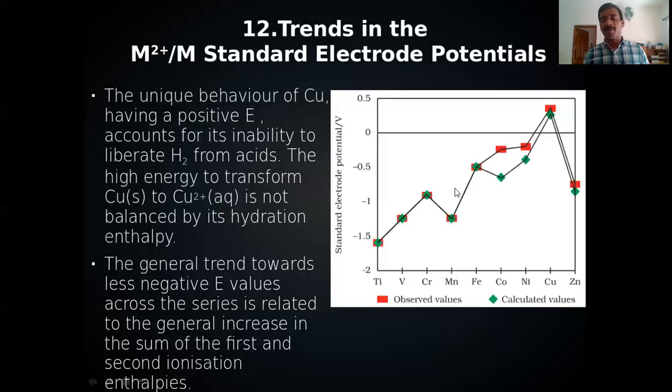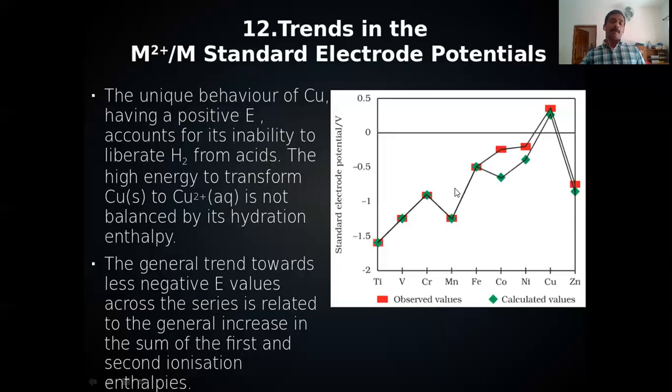It is not compensating the energy required for the formation of Cu2+. So always the tendency is the reverse. That means Cu2+ will try to become Cu. Then only it will reach a stable state. That is the reason for the positive electrode potential of copper. I think it is clear to you.